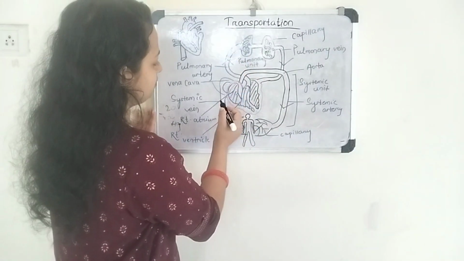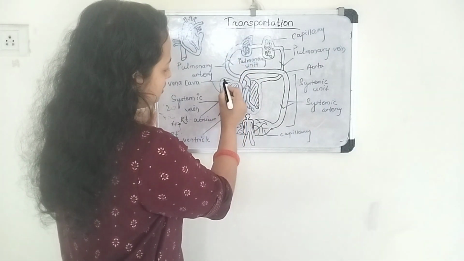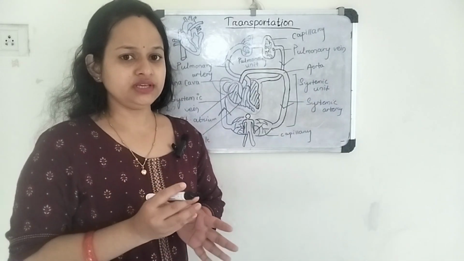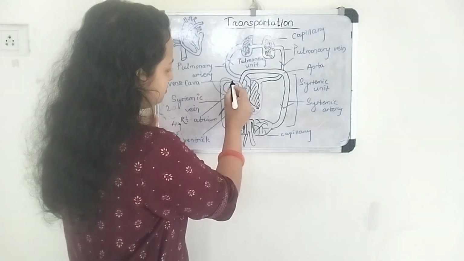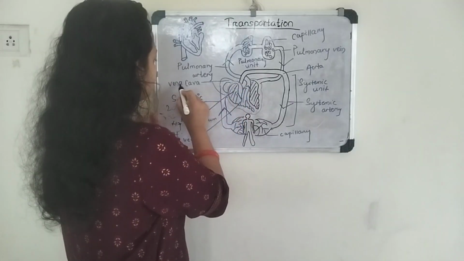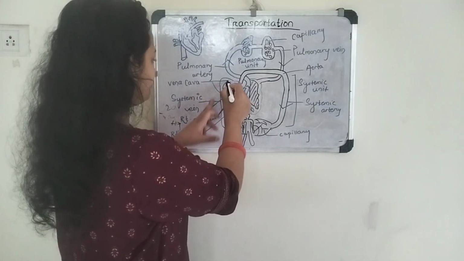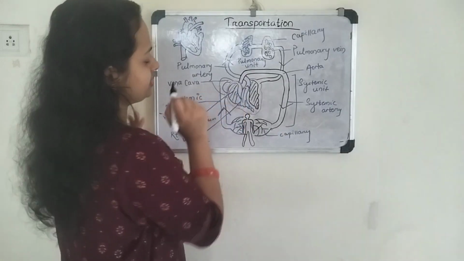In the pulmonary pathway, the deoxygenated blood, that is the blood after use by the body, comes to the right atrium through the vena cava, that is the superior vena cava and the inferior vena cava.